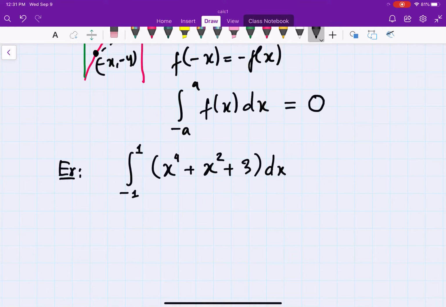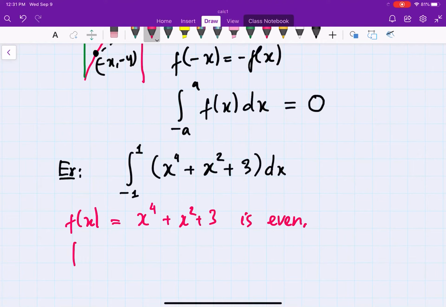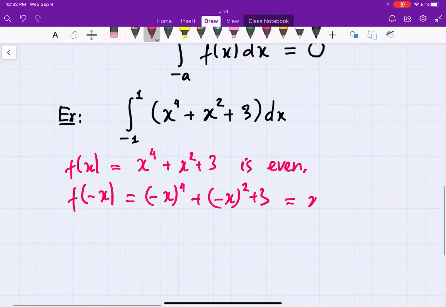So our function is even. The function f of x equal to x to the 4 plus x squared plus 3 is even. Why? Because you consider f of negative x, right? You get negative x to the 4 plus negative x squared plus 3. So that is just x to the 4 plus x squared plus 3.